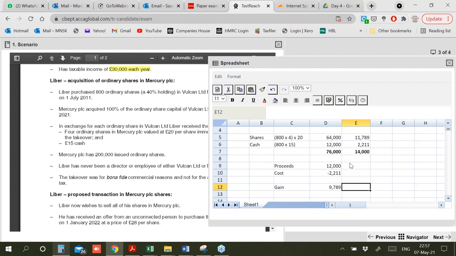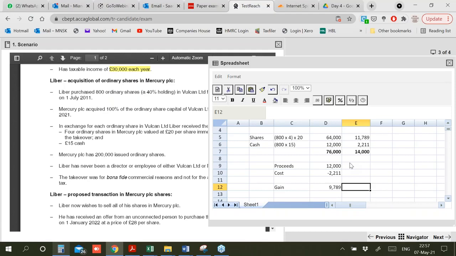For example, in our question, Liber has decided that she is going to sell all the shares of MPLC. However, if she decides to keep those shares, there will be no chargeable gain this year. Whenever a takeover happens, the cash gain will become chargeable immediately. So you have to remember that this gain will be immediately chargeable.